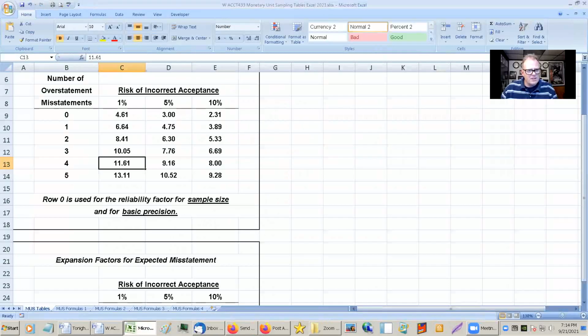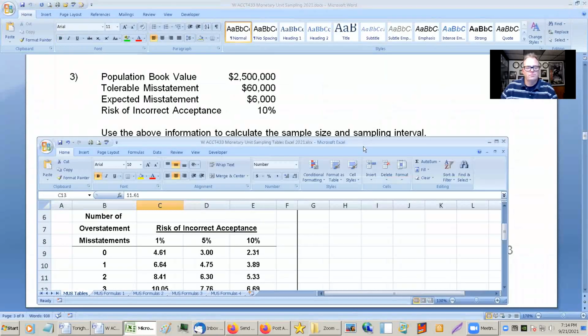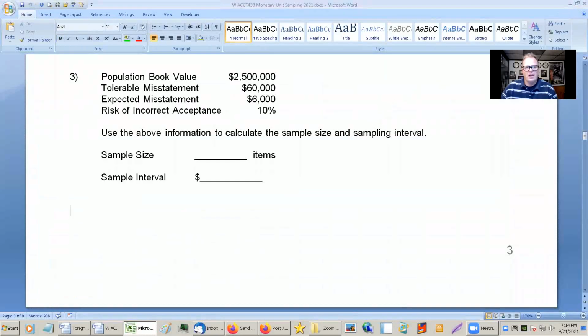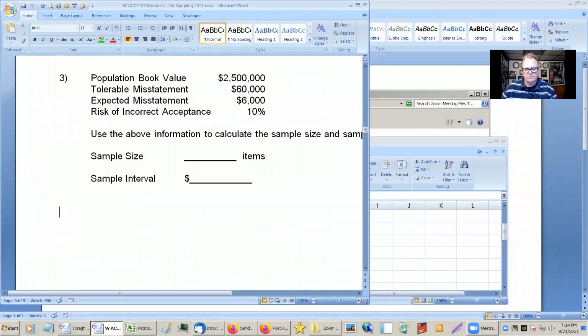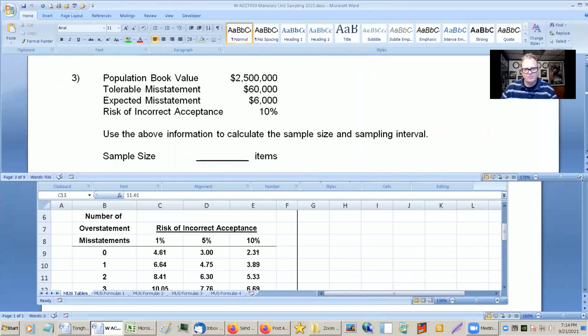Now, I'll try to get these both on the same page. I don't know if that's possible or not.